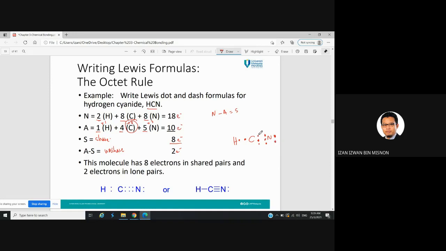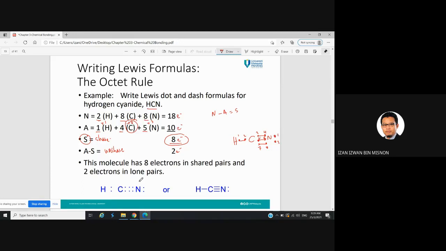Okay, the shared electrons will be 8: 1, 2, 3, 4, 5, 6, 7, 8. So this will be the 8 electrons calculated from S. Then we have unshared, two electrons only. So this will be 1 and 2. These 2 electrons will be the unshared electrons.